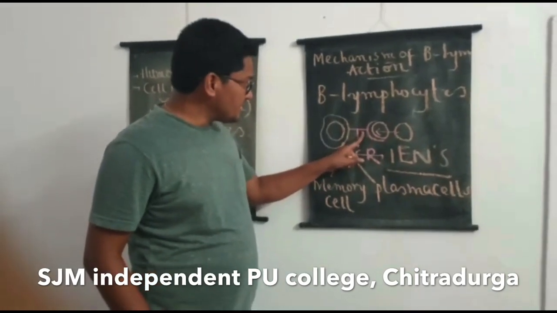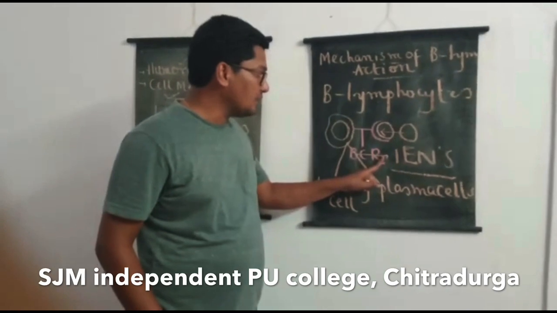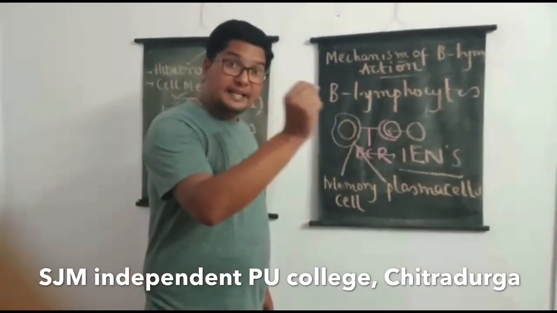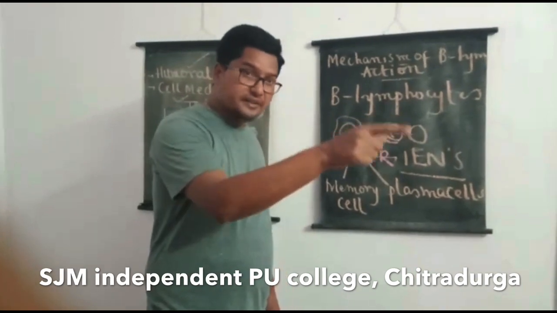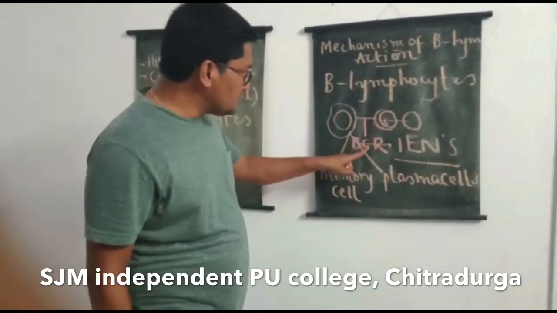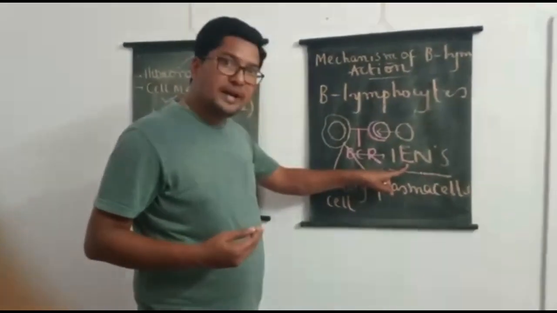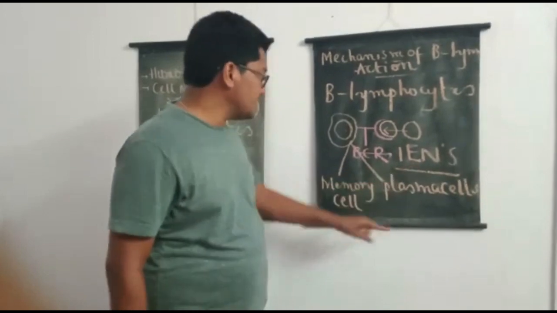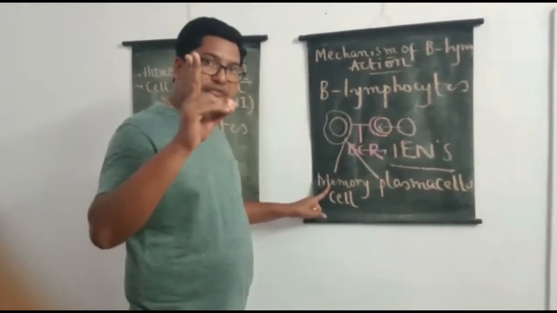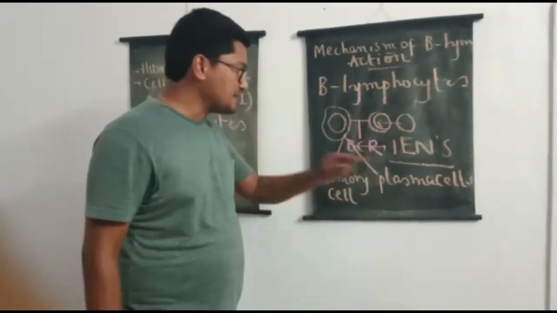The receptor present on the B cell surface is called the B cell receptor, and with the help of this receptor, the B cell can directly recognize an antigen and bind with it. Whenever antigen binds to the BCR in the presence of interleukins, the B lymphocyte differentiates to form two different cell populations, the memory cells and plasma cells.